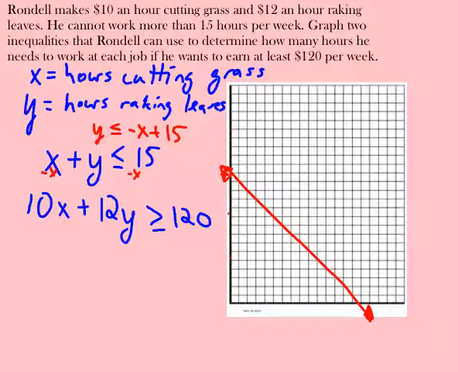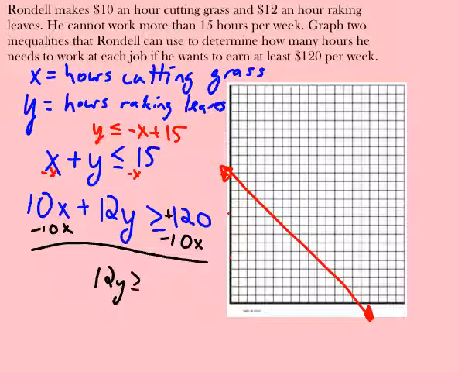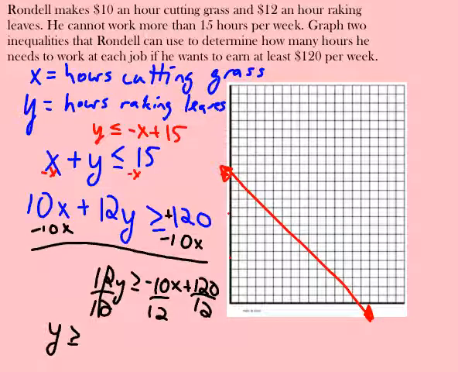Now, this last one, I gotta do a little work here. Hold on. Minus 10x. I like to leave that as plus 120. So I know that 12y is greater than or equal to negative 10x plus 120. Divide by 12, 12, 12. Y is greater than or equal to negative... 2 goes into both of them.